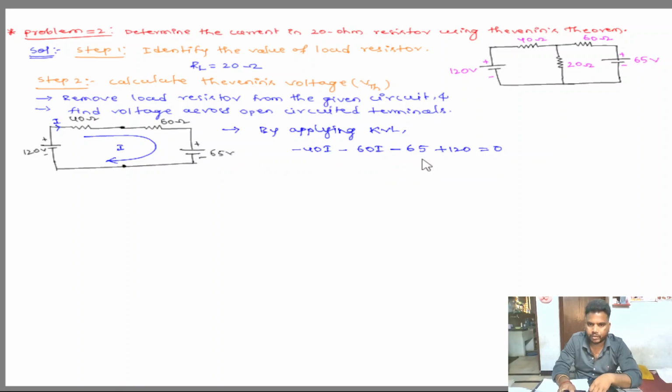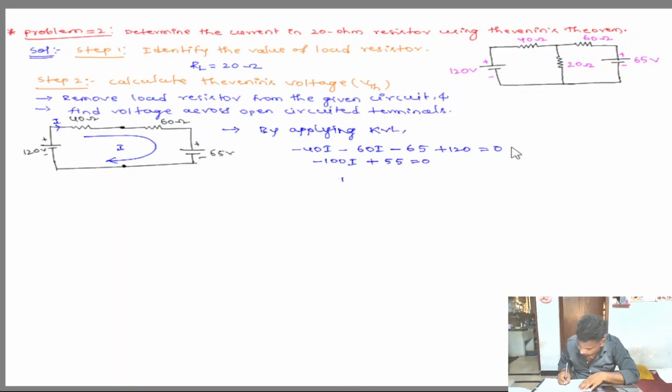Write 65 only, don't write 65 volts. Is it clear? Then total current: minus 100I and 120 minus 65, that is plus 55, equal to 0.